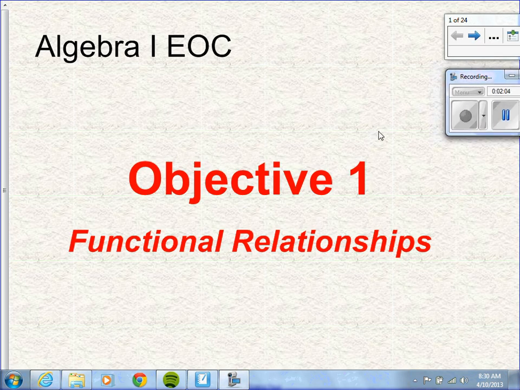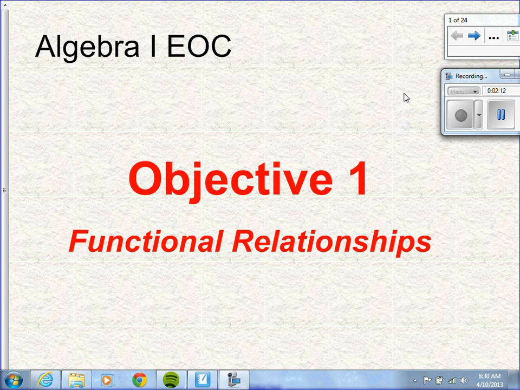There are 5 main objectives that are going to be covered on your Algebra EOC. Objectives is basically a blanket term for little chunks or families of targeted learning techniques that I've taught you over the year. Functional relationships, for Objective 1, for example, covers all kinds of stuff.